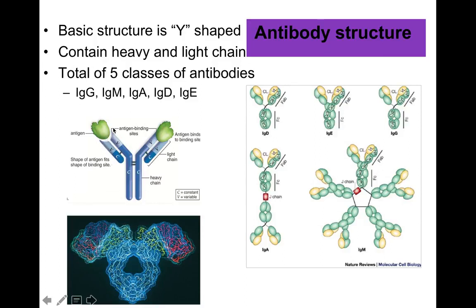The tips of the light chains are identified to be where your antigen is going to be binding, and it's going to be different from one antibody to another. But what is identical in all of them is the majority of the light and heavy chain of your antibody. So you can see the similarities. They are very similar, even though they might be bigger or smaller. There are very similar structures or components within these 5 categories of antibodies.